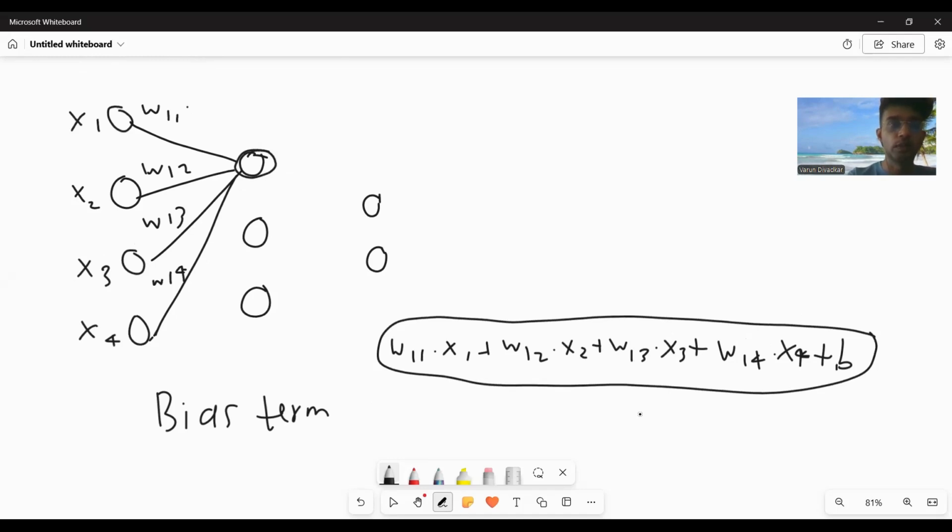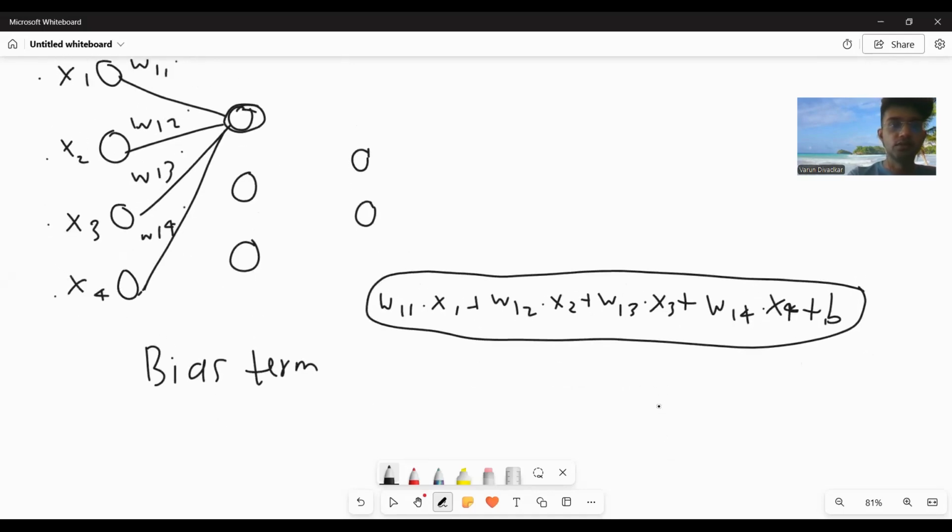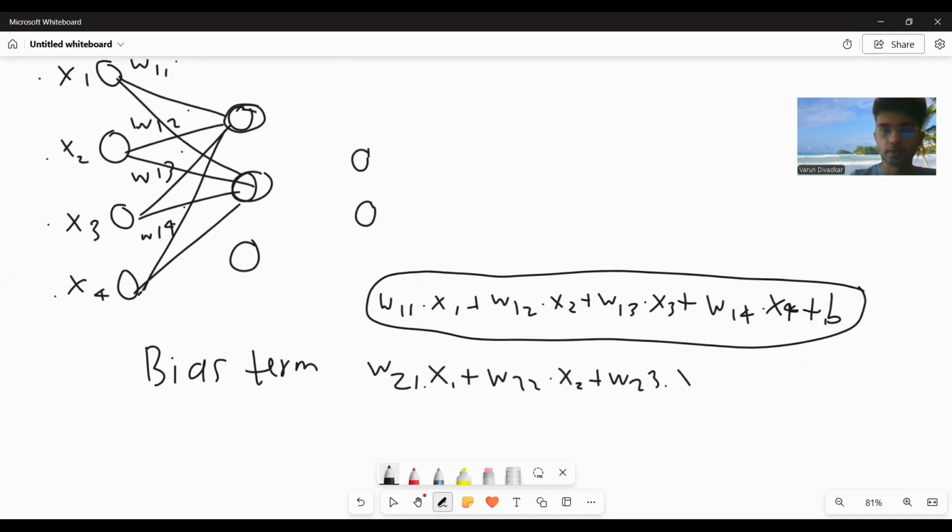Where the weights are W11, W12, W13, W14, and the inputs are X1, X2, X3, X4, with a bias. Similarly, for this node, we're also going to have the same 4 inputs going in, but with 4 different weights. This time it's going to be W21 X1 plus W22 X2 plus W23 X3 plus W24 X4 plus B. Let's write this B as B1 and this one as B2.